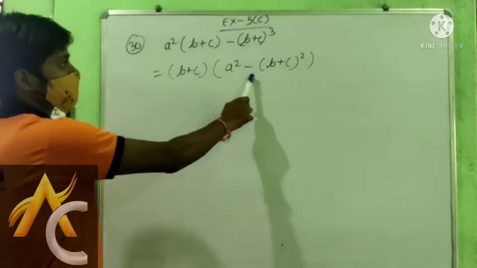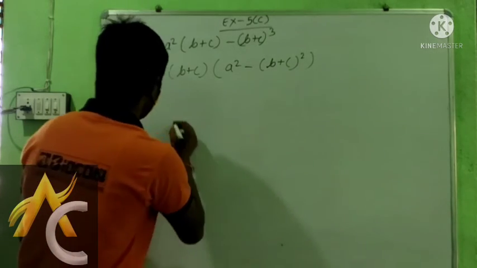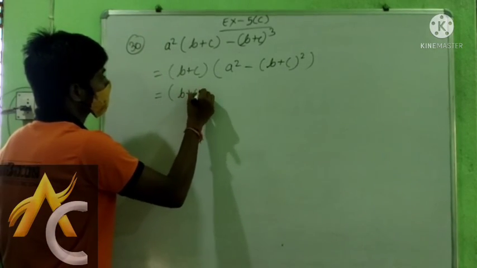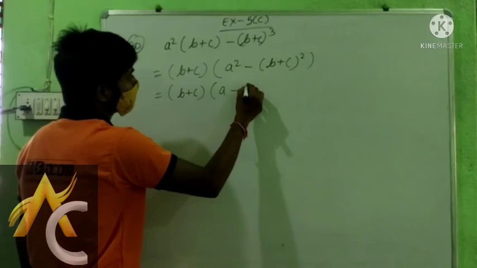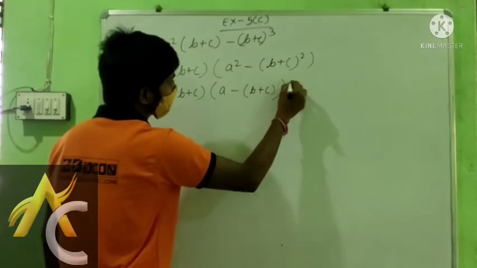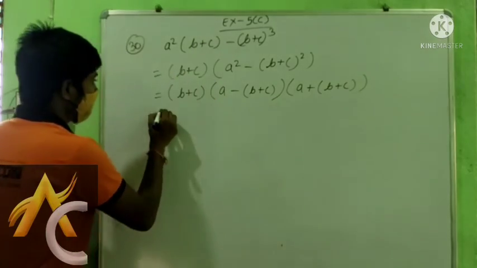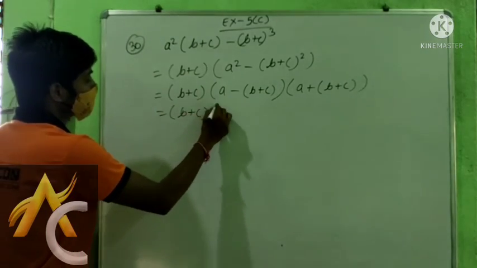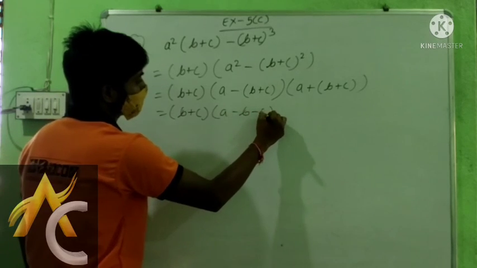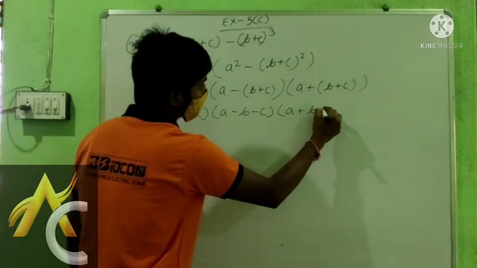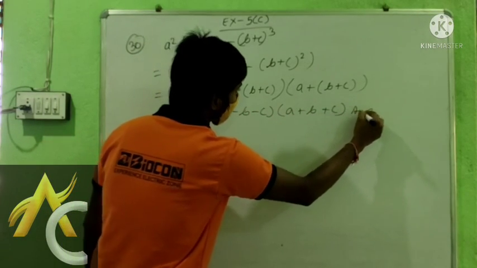Since it is in the form of a square minus b square, it will be (b plus c) into (a minus b plus c) into (a plus b plus c), equal to (b plus c) into (a minus b minus c) into (a plus b plus c).